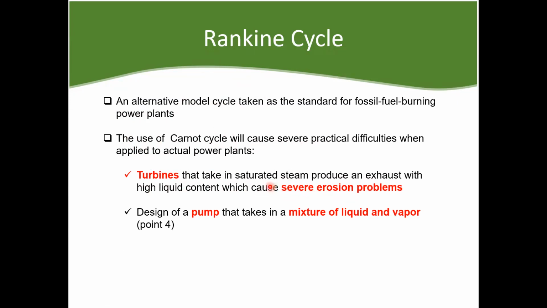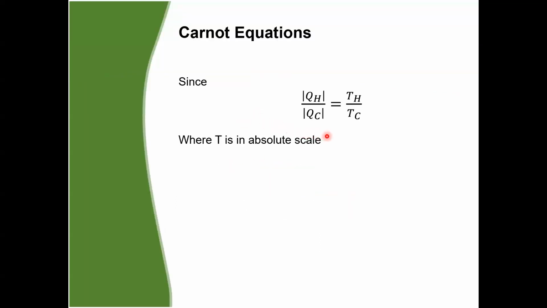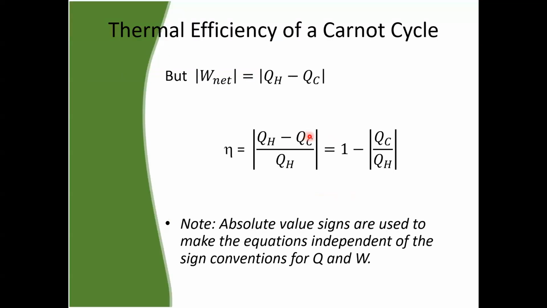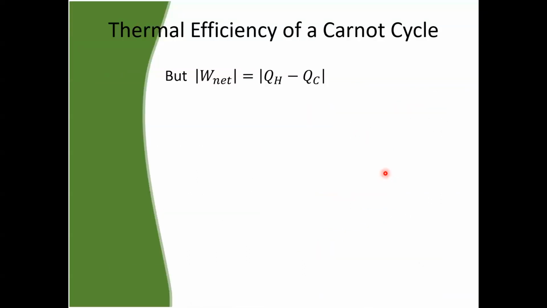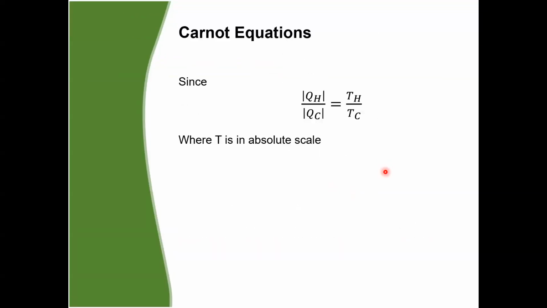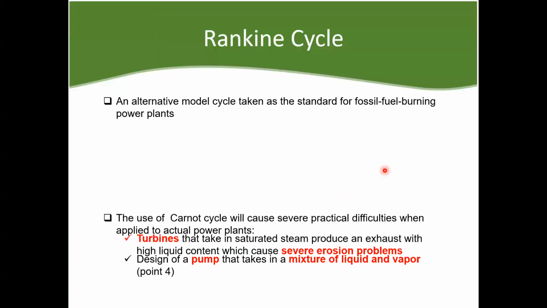So remember, in the Carnot cycle, our turbine inlet is a saturated vapor. So that causes corrosion problems in the turbine.